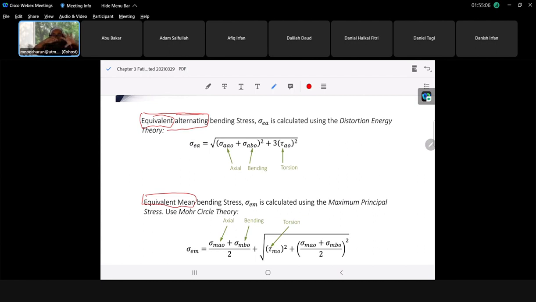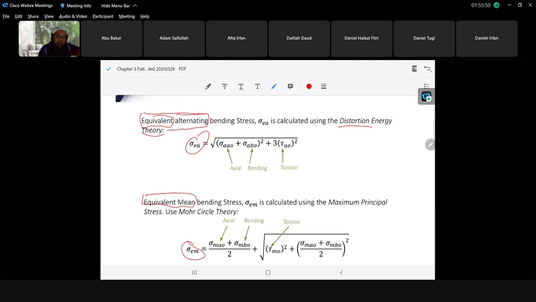Okay, we need to combine the equivalent mean and alternating stresses, so later when we calculate the safety factor, these values will be used. For the equivalent alternating stress, use the distortion energy theory, von Mises, by combining the axial, bending, and torsion, and square root, you will get it.